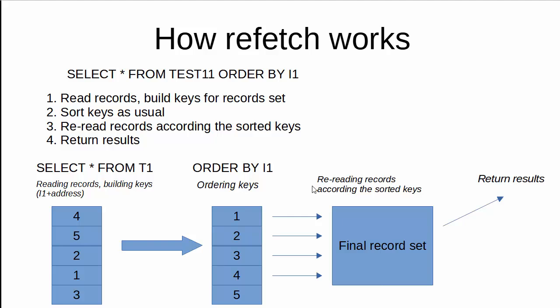And as you remember, in our test example, if we limit it to like the first 10 records or the first 100 records, the overall amount of data to be read and sorted is much, much smaller than with the traditional sort. So Refetch is really a great tool to tune reports and receive better performance for ordering, grouping, distinct, and so on.